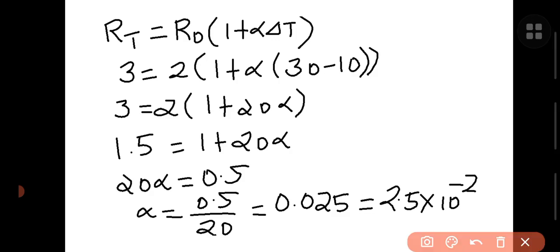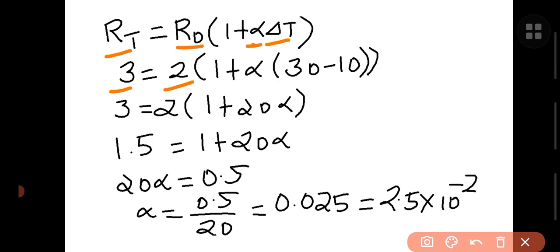First of all, we write the formula R_T is equal to R naught of 1 plus alpha del T, where del T is the change in the temperature, that is final temperature minus initial temperature. Alpha is the coefficient. R_T is given as 3 ohm, R naught is given as 2 ohm.